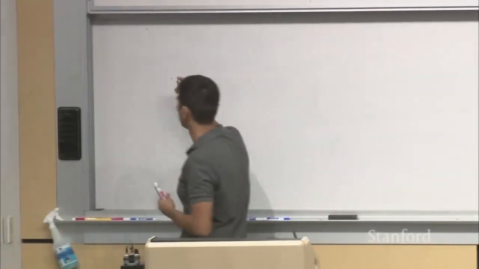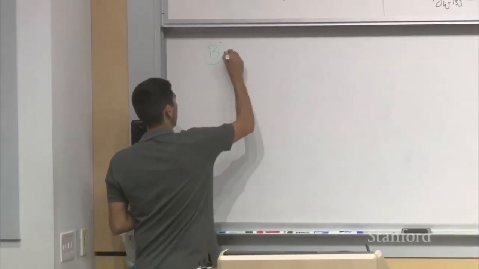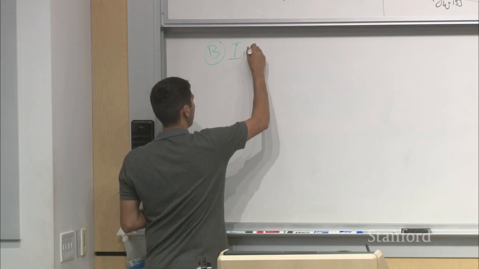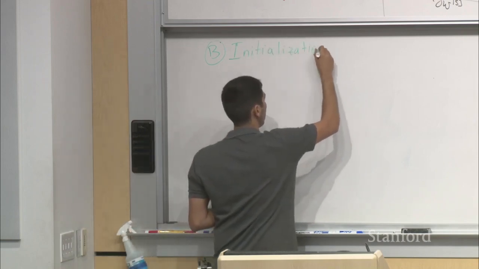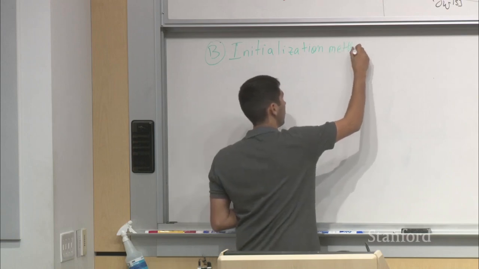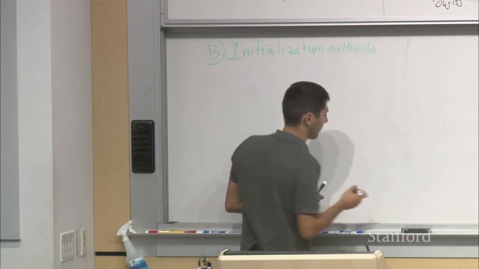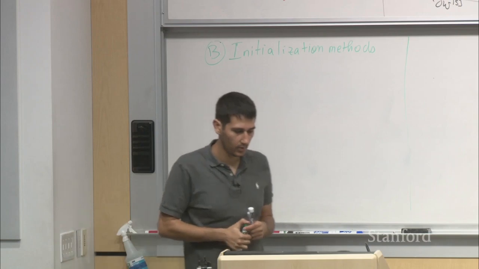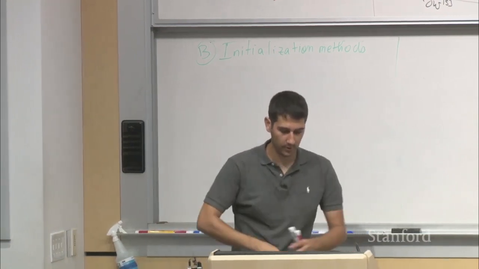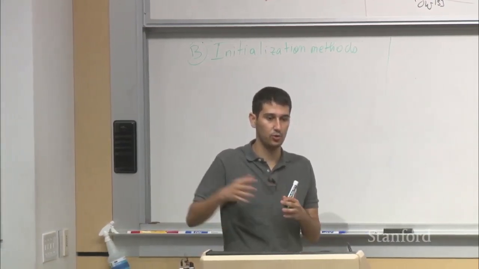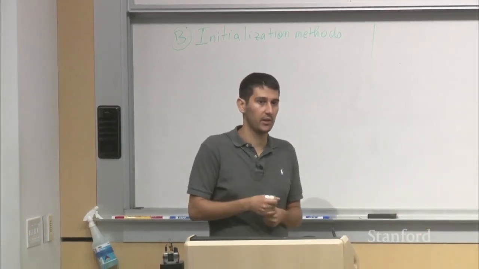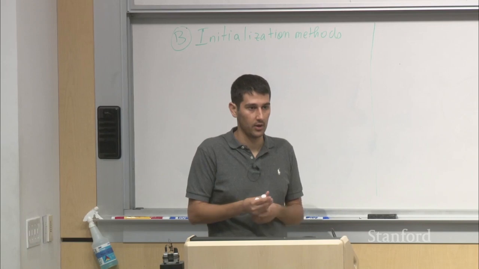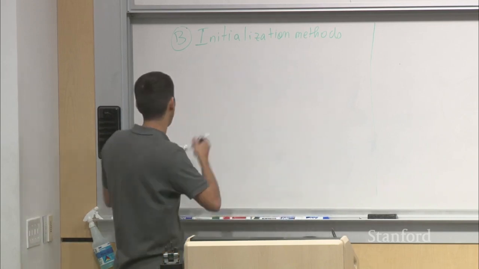Another trick that you can use in order to help your network train are initialization methods and normalization methods. Earlier we talked about the fact that if z is too big or z is too low in the negative numbers, it will lead to saturation of the network. So in order to avoid that, you can use normalization of the input.